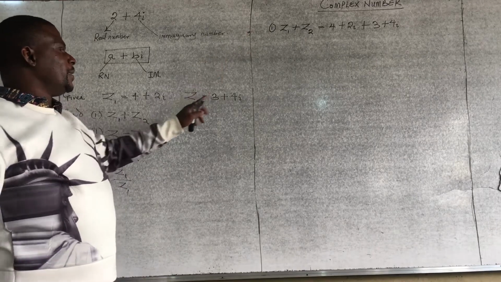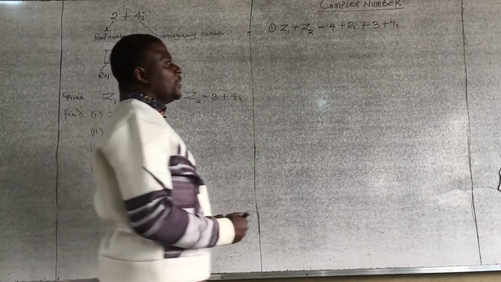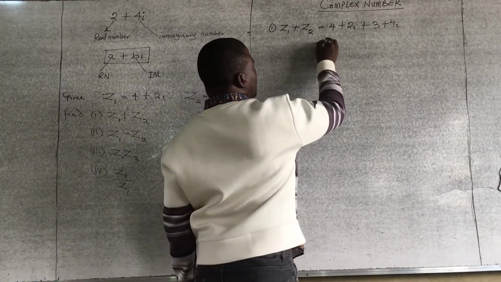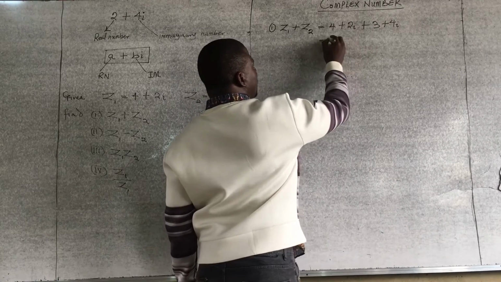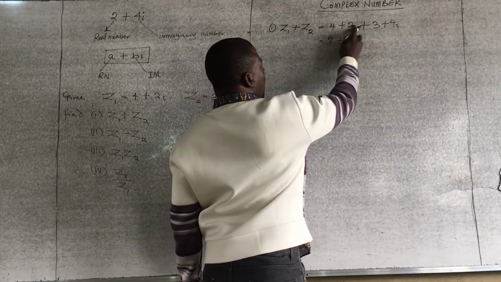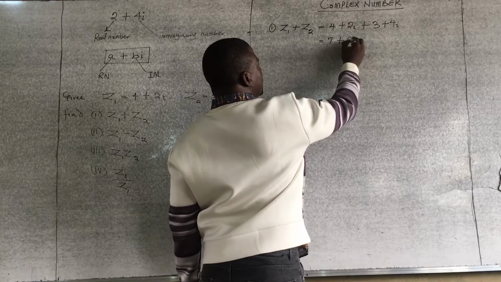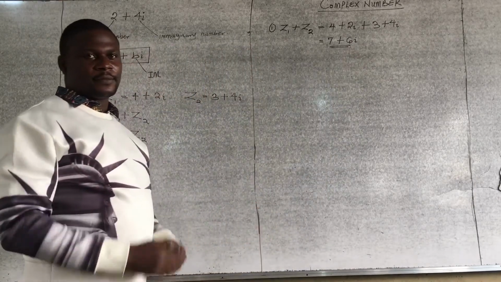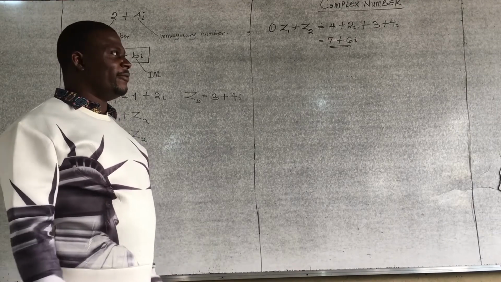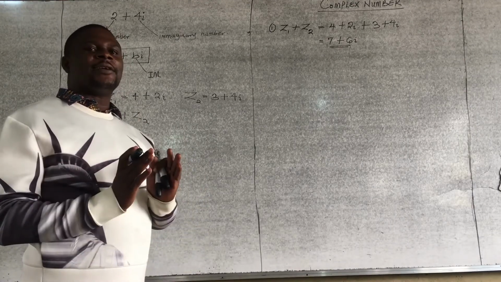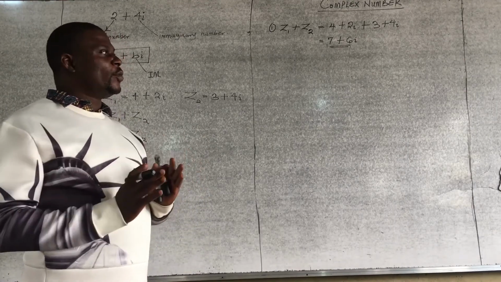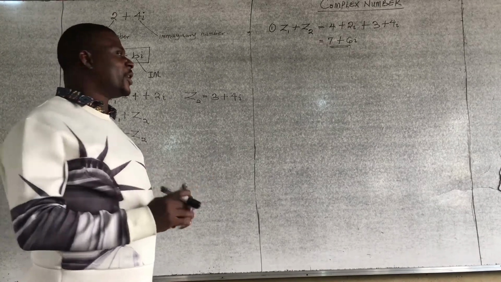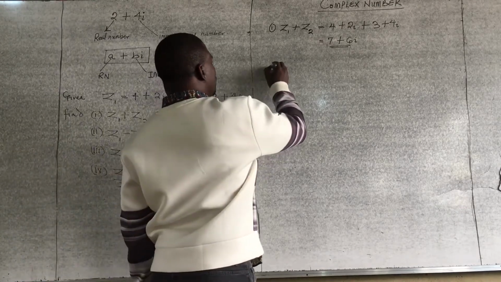So this is very direct. 4 plus 3 is 7. 2i plus 4i is 6i. And that's the answer. Am I clear with that? Very straightforward. The ones that are real numbers, add them together. The ones that are imaginary numbers, add them together.